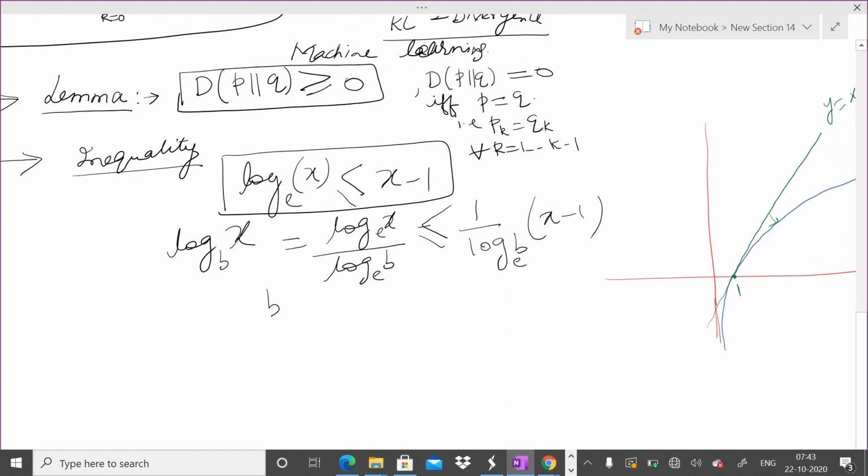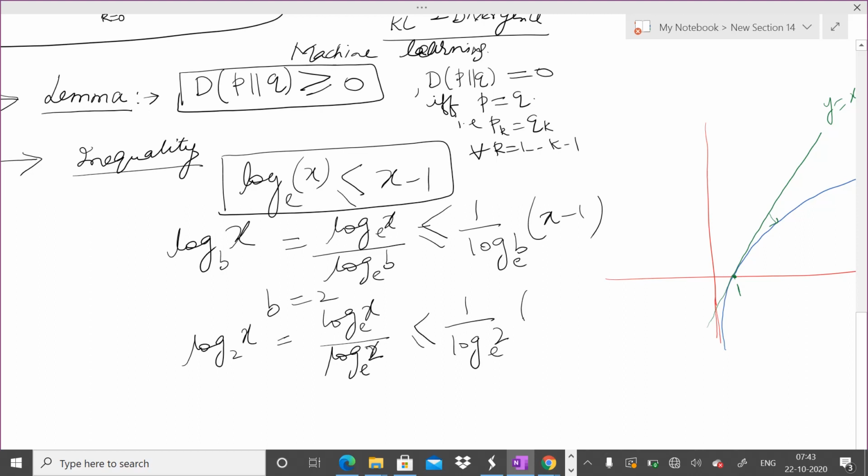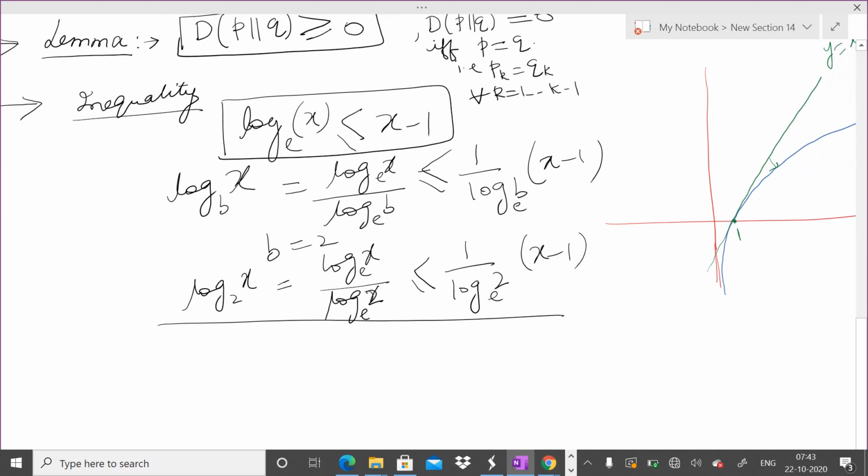Now in particular, if b is 2 as we are taking, log of x to the base 2 is log of x to the base e divided by log of 2 to the base e, which is less than or equal to 1 over log of 2 to the base e times x minus 1. Now we will use this inequality step by step.